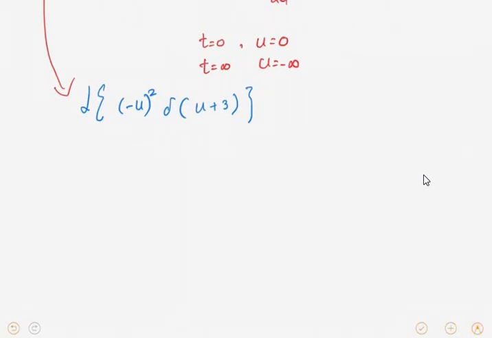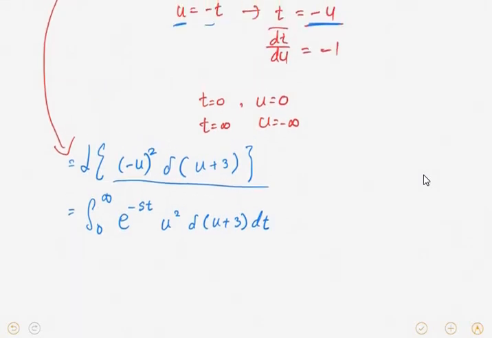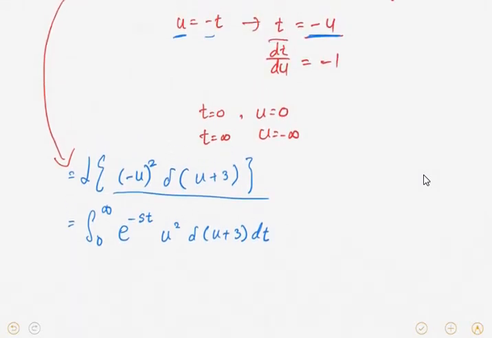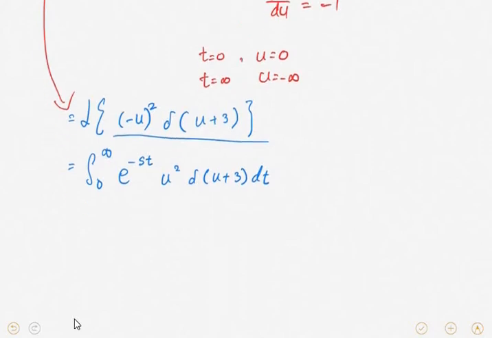Next step, we use the formula of the Laplace transform of the unit step function. So we use the formula from 0 to infinity, exponent negative st, and then we follow this one, u square delta(u plus 3) dt. Since the t is a negative t, we change the direction.